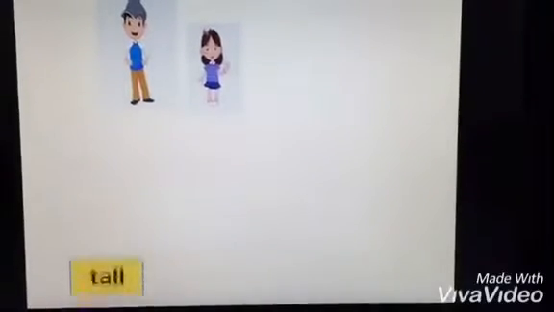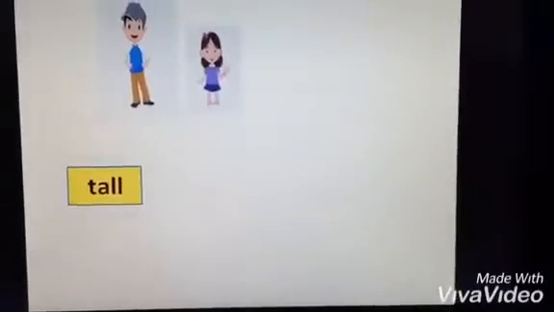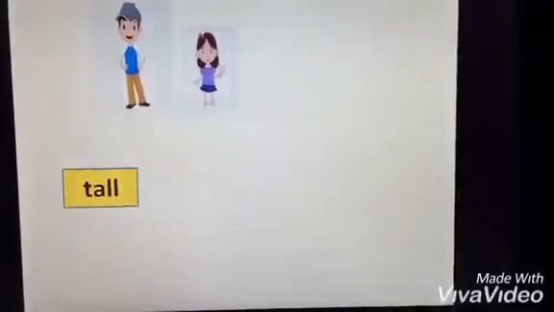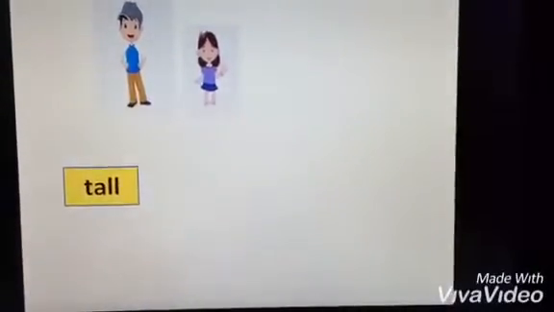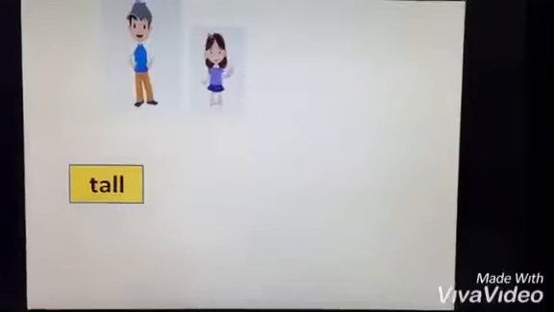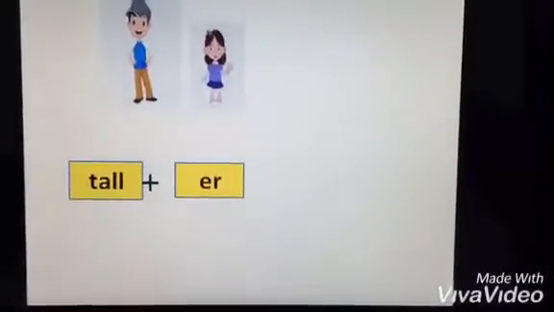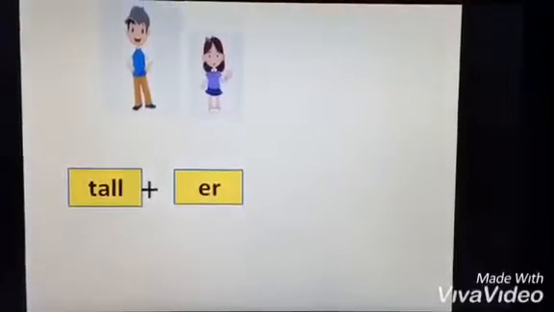Okay, let's work together. Here we have a boy and a girl, and I want to compare between them. Look here, tall here is a regular adjective with one syllable. Just add er in the end to make it a comparative adjective, plus than.